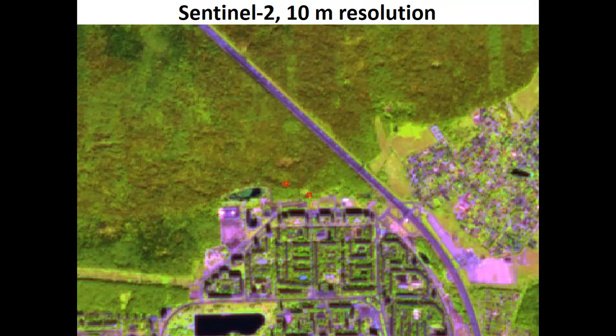This is an area close to the edge of the city of Moscow. You could also see some forested areas, forest tracts, and some built up areas. You could see single buildings, mainly big ones. The small ones are not really visible.